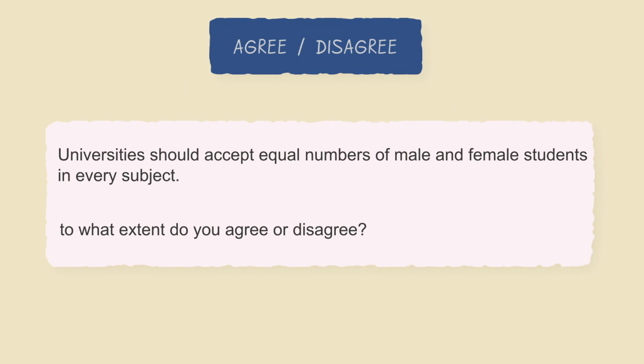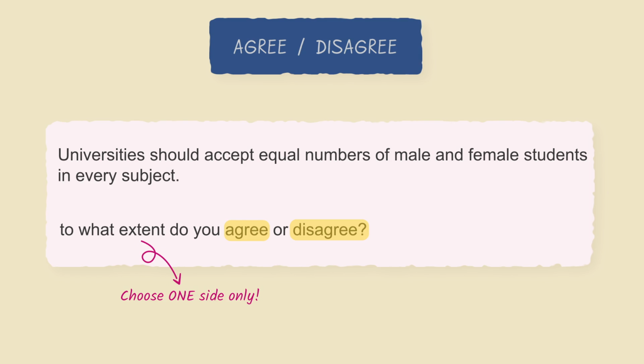This is our question. Universities should accept equal numbers of male and female students in every subject. To what extent do you agree or disagree? All right. Most of the time I tell my students to try to choose one side only.